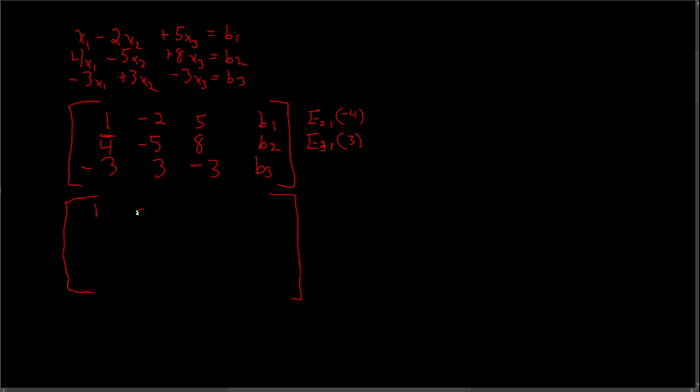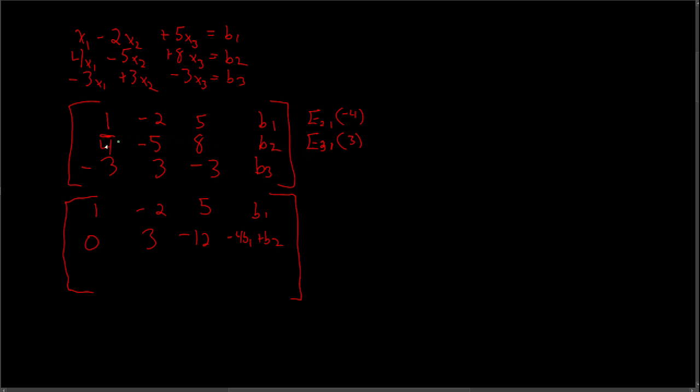So the first row does not change, and -4 times this zeroes that out. That's going to give me a +8, so that'll be 3. That'll give me a -20, so -12, and -4b1 plus b2.